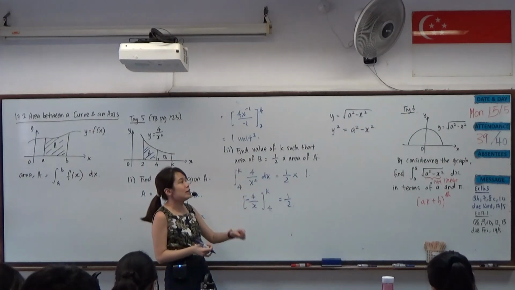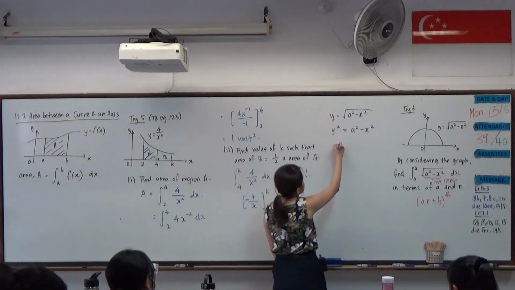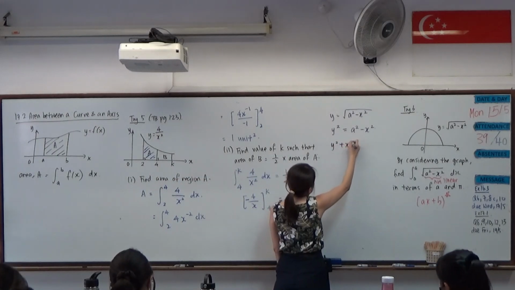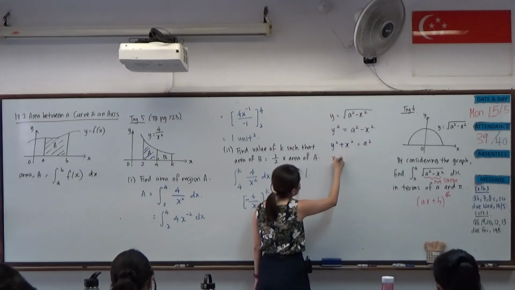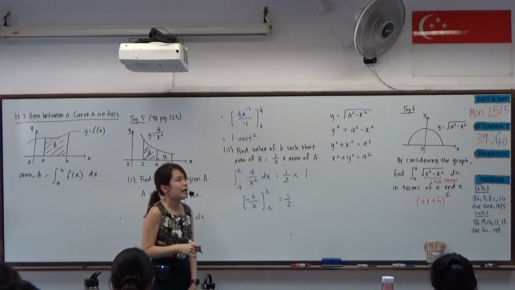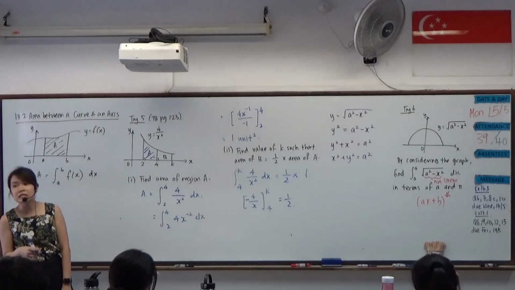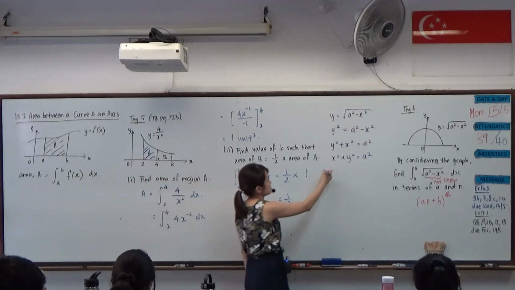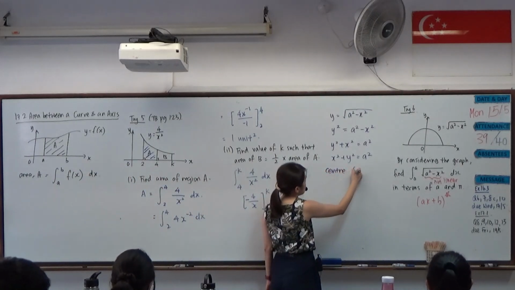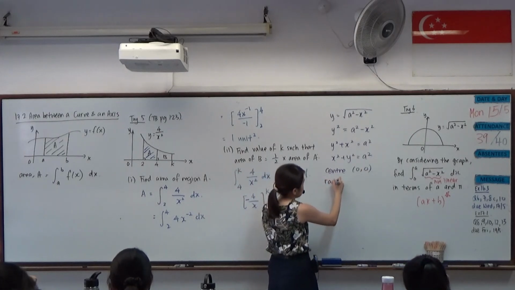Then hopefully you realize that there is this form that we find familiar, which is y squared plus x squared equals a squared, or x squared plus y squared equals a squared, whereby our center is 0, 0. The center coordinates is 0, 0, and the radius is a.